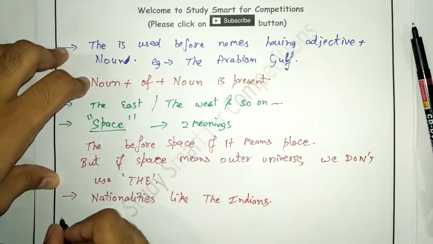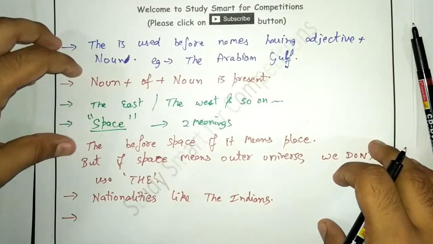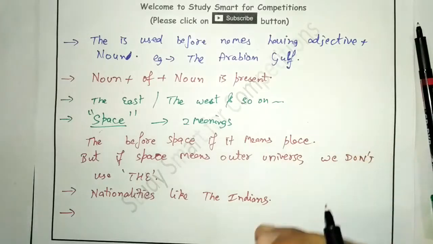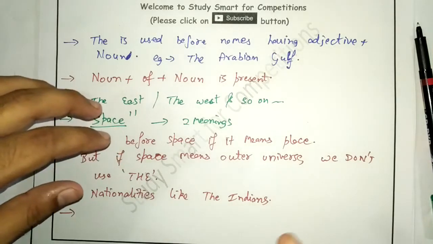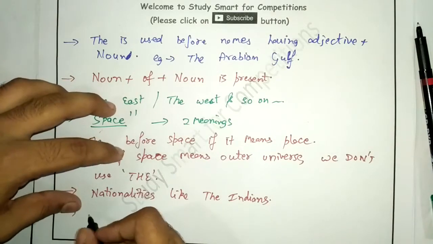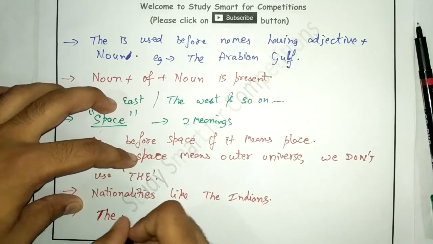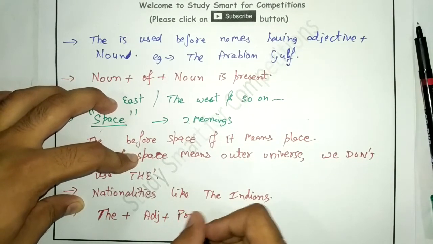All right, moving on to the next point, before a proper noun only when it is qualified by an adjective. See, we cannot use the with Ram, Mohan, so it is very common that we do not use the word with names. All right, but if the name is with an adjective, in a nutshell I would say the plus adjective plus proper noun.